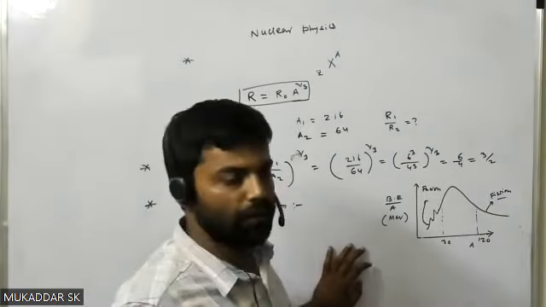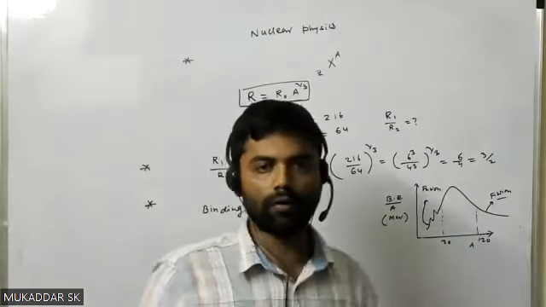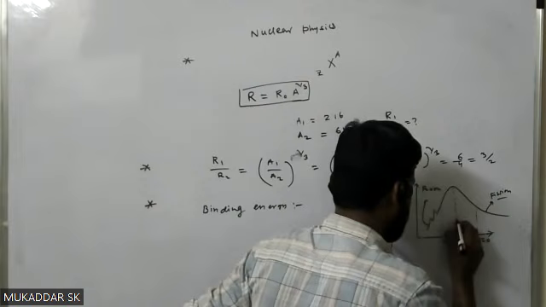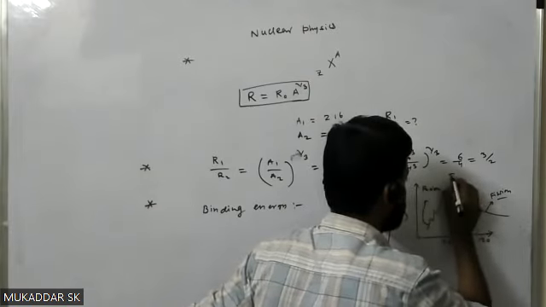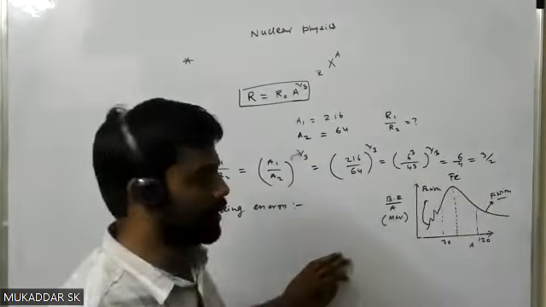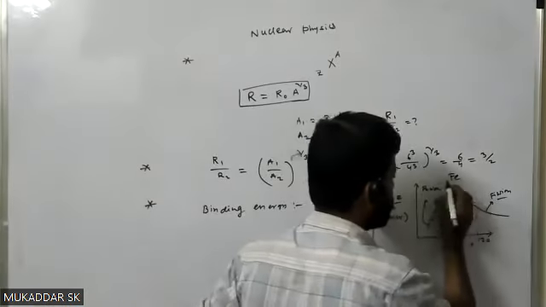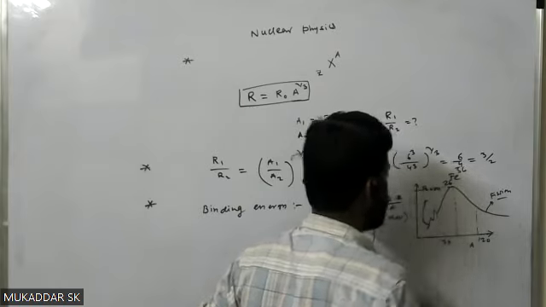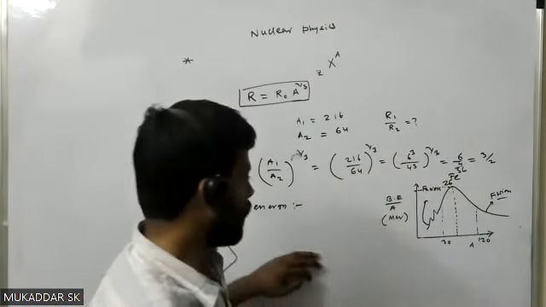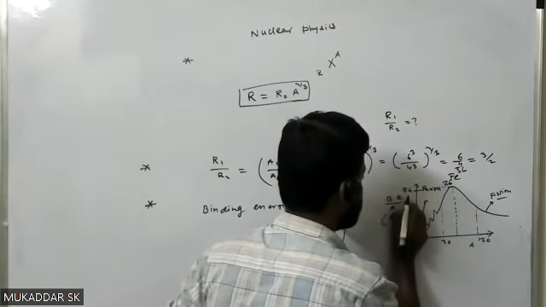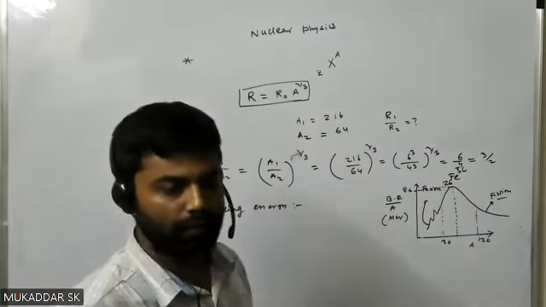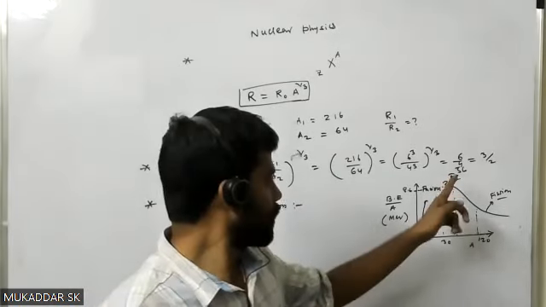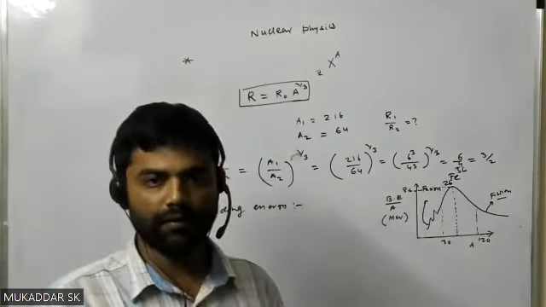In both cases, energy will be released. The highest binding energy per nucleon is for iron, iron 56, okay. The binding energy per nucleon for iron is around 8.6 mega electron volts. That means total binding energy, if you calculate, will be 56 into 8.6 mega electron volts.